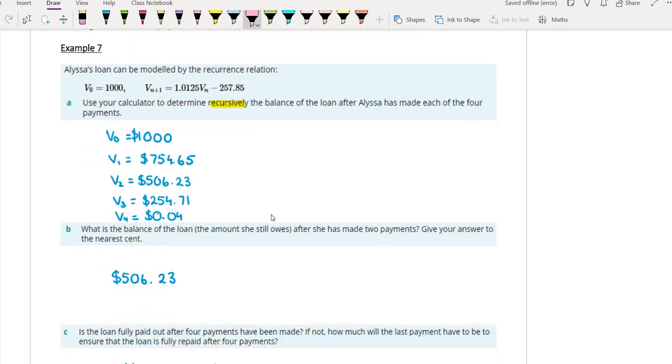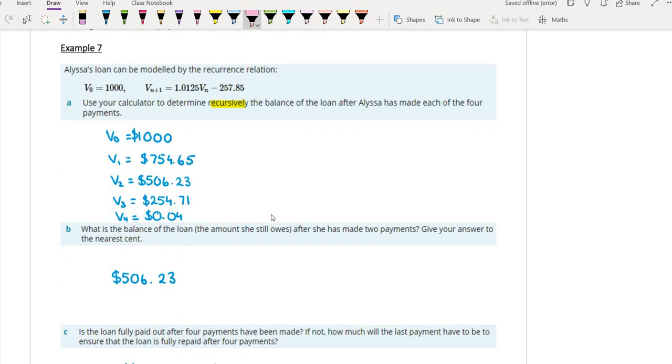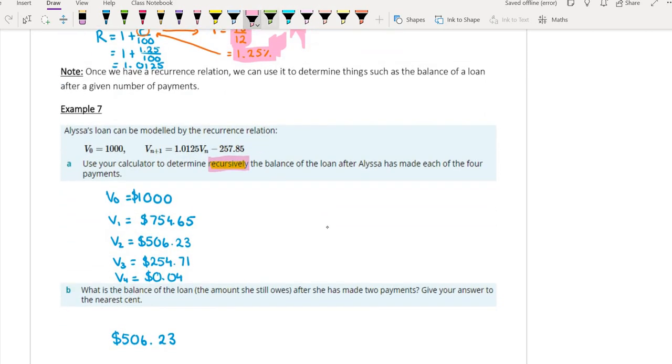Now we're asked to calculate what's happening in this loan. This word recursively, you'll see this a lot when we're doing this type of question where we have a geometric relationship as well as a linear.